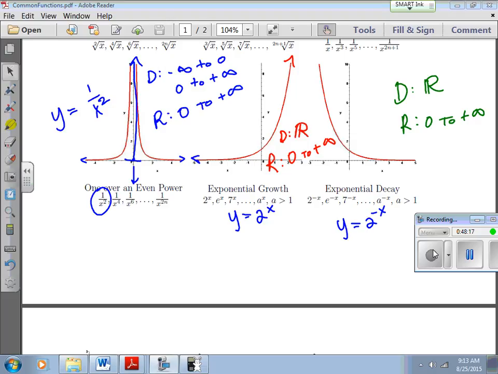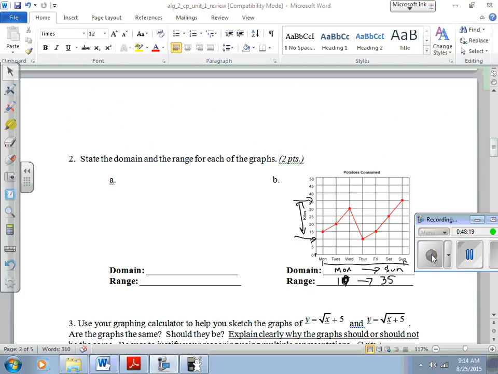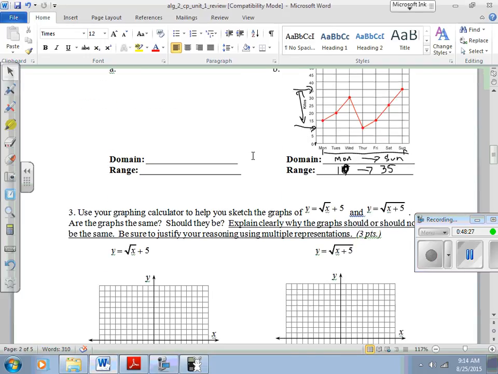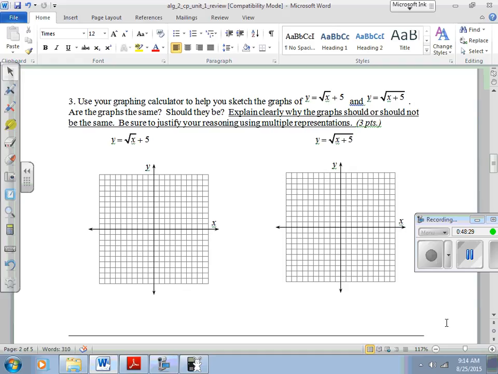All right, do this handout. Can everybody go back to this handout? Okay, so you know what the graph of y equals square root of x looks like, right?